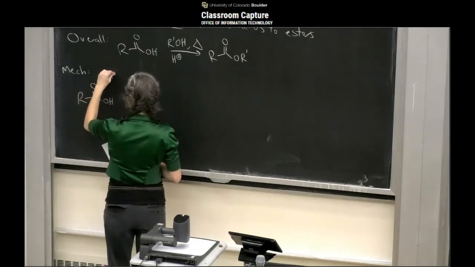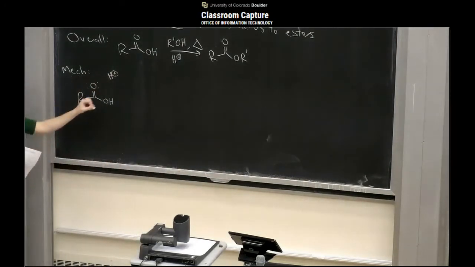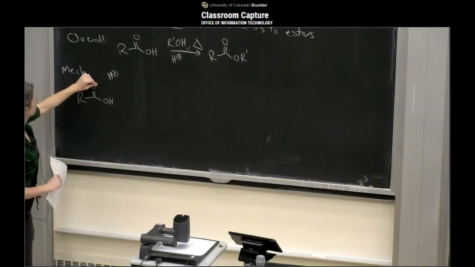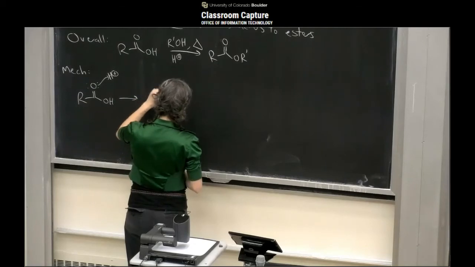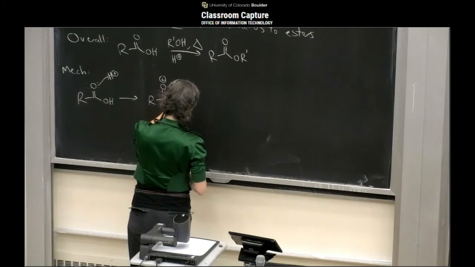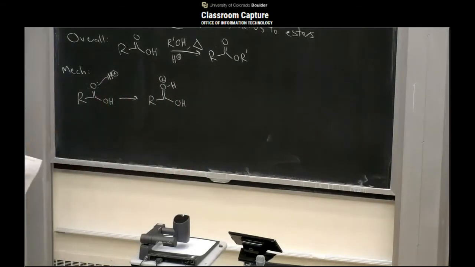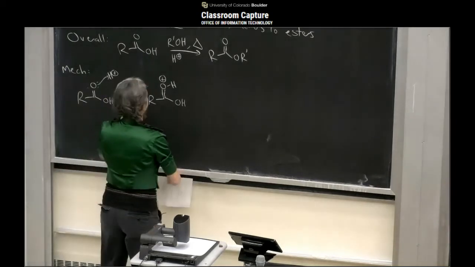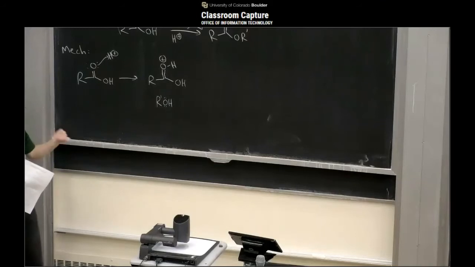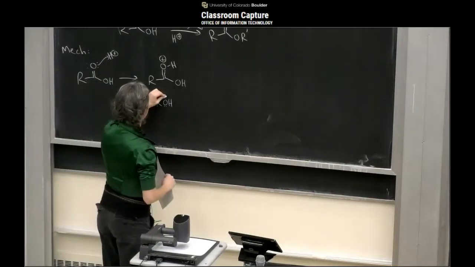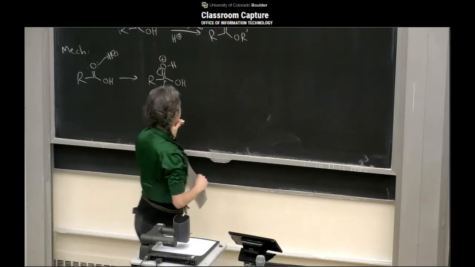So when we start this, the carbonyl is going to get an H plus from wherever. And now that it's more attackable, more electrophilic, the other thing that we have around, this ROH, or R prime OH, even though it's not a great nucleophile, can come in and attack the carbonyl. Kick that up.